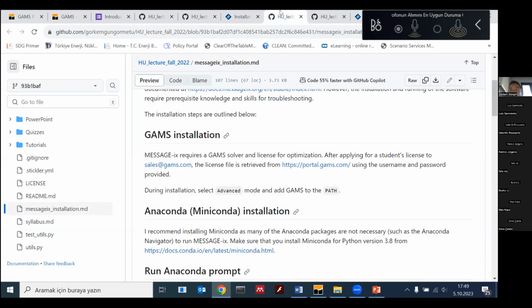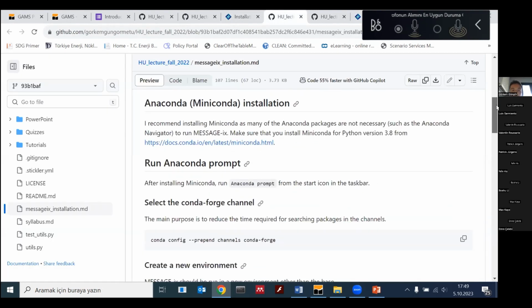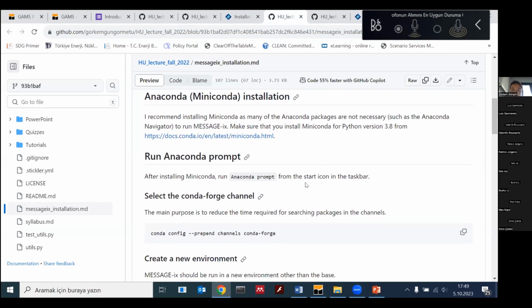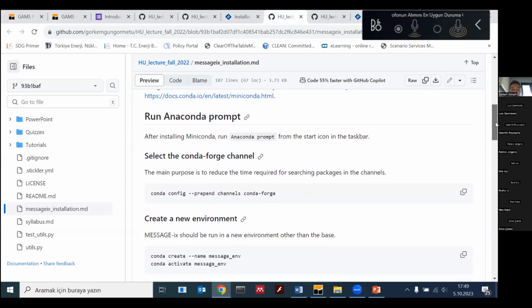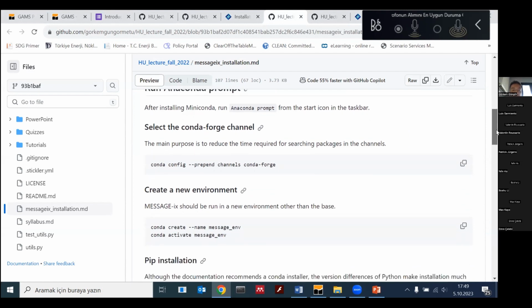But this is a sheet which I use with my students, which is much more simplified and which helps to solve the installation problems which I had faced in my classroom lectures.